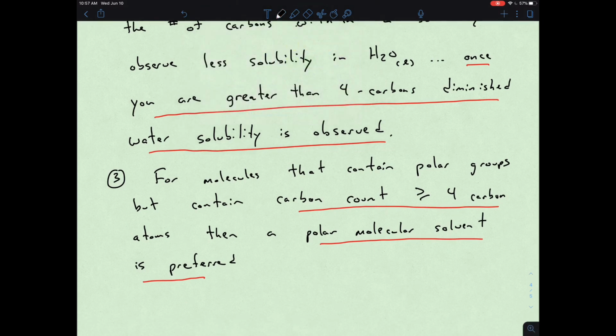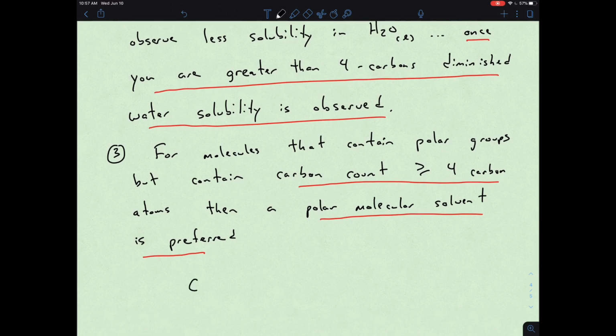Some examples of polar solvents would be chloroform, dichloromethane. We have a number of these chloro-containing solvents.